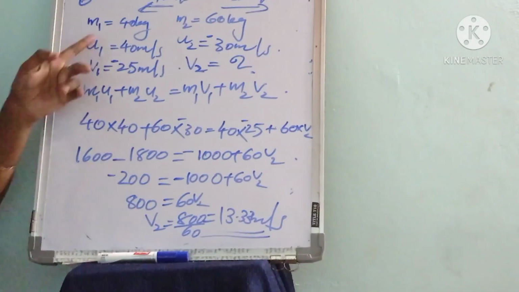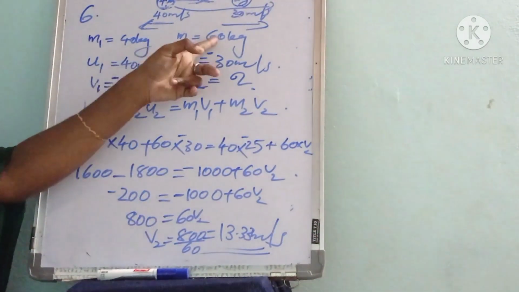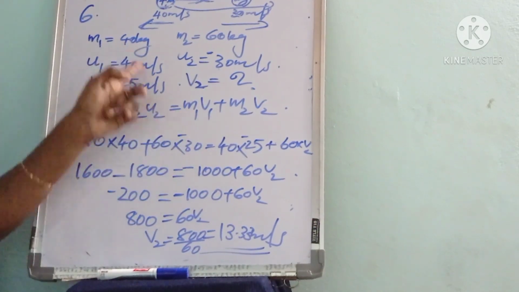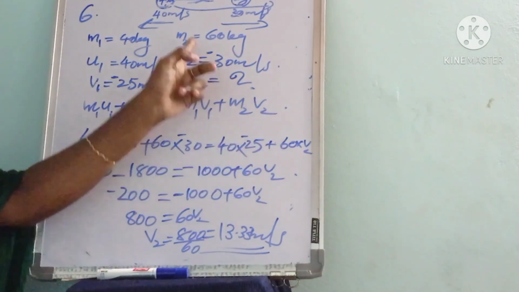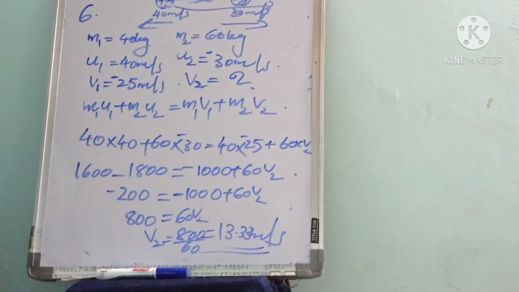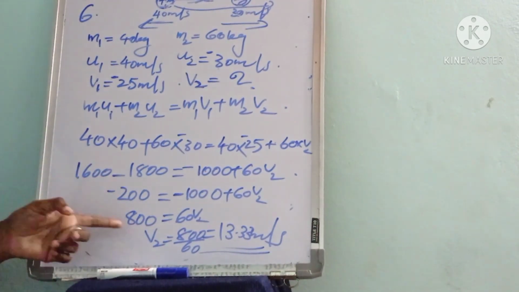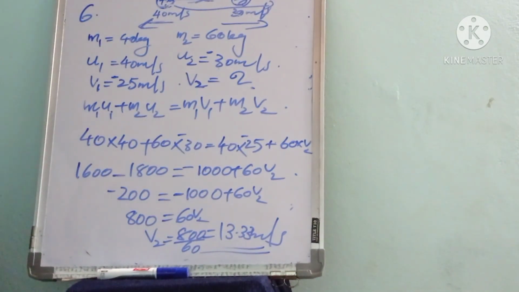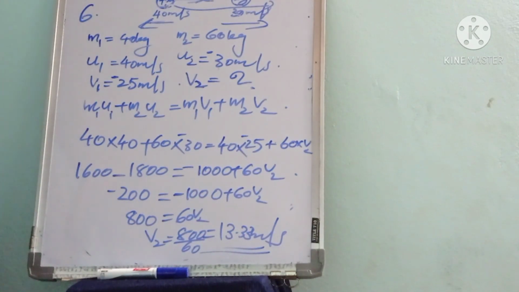Then substitute m1 as 40, u1 as 40, plus m2 as 60, u2 as minus 30, equal to m1 as 40, v1 as minus 25, plus 60 into v2. By simplifying this, we get the velocity of the second body after collision, v2, equal to 13.33 meter per second.